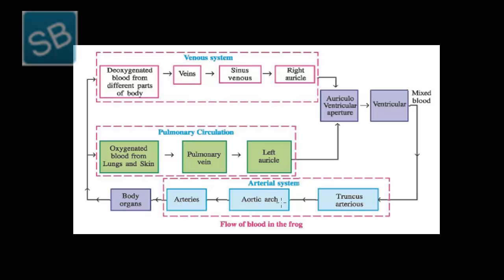Now let us understand the various types of aortic arc in the arteries forming the arterial system. As studied, the arterial system is the system in which the mixed blood gets collected into the artery via truncus arteriosus with the help of aortic arc.